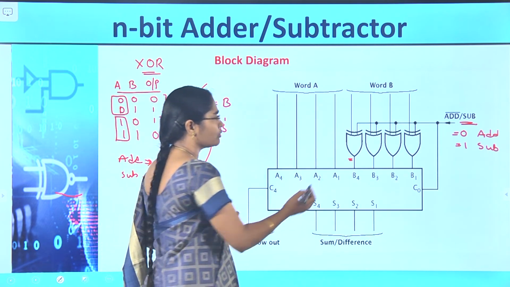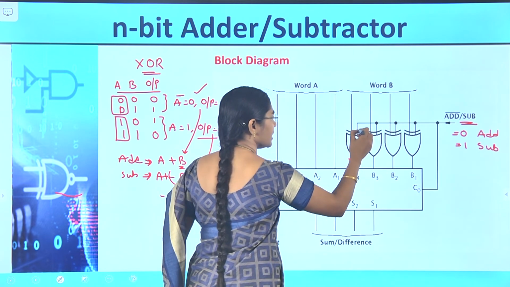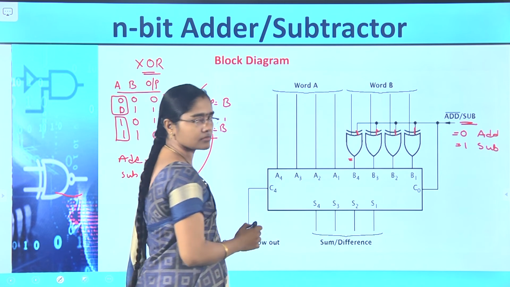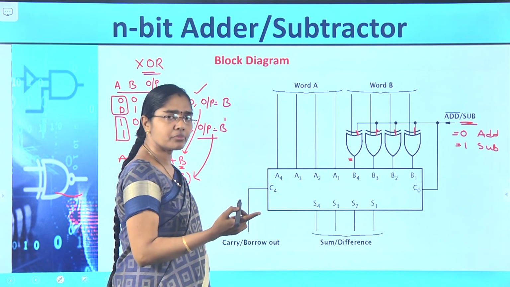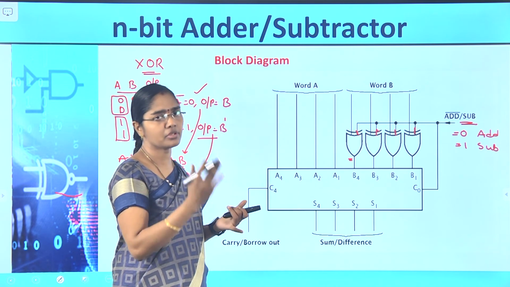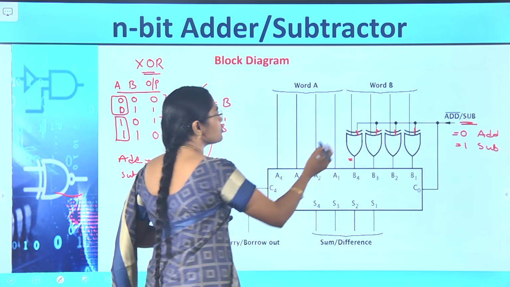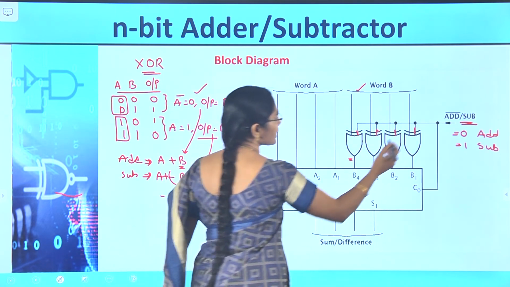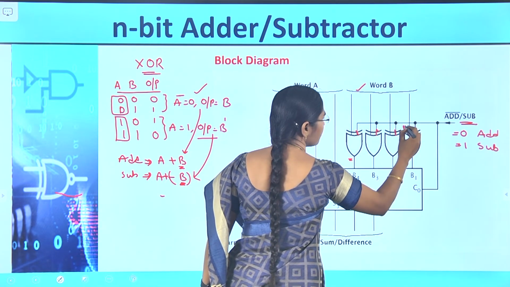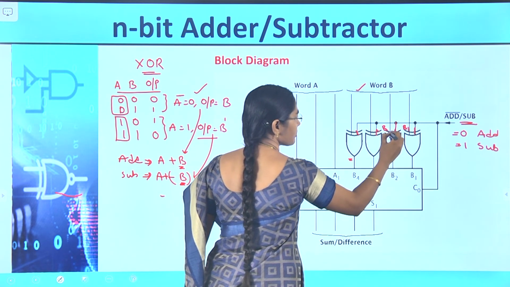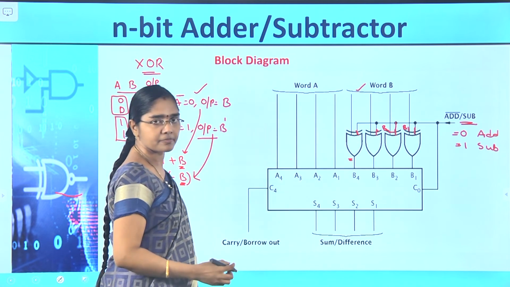Now, this is one of the inputs for each XOR gate, the control signal. What is the other input? The other input has to be applied as B, because we need either B or B bar for addition or subtraction. So for the first XOR gate, the control signal and B1 are applied. For the second, the control signal and B2 are applied, like that all B bits are applied.